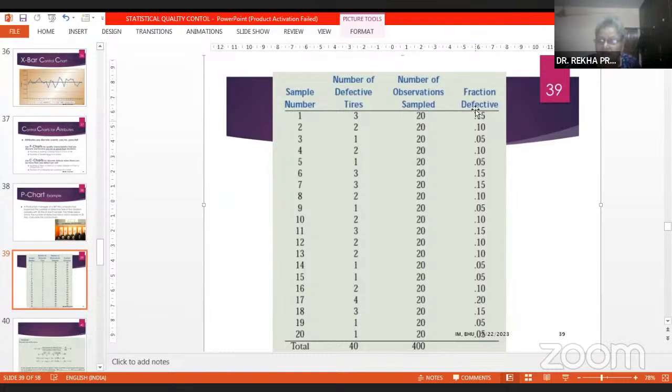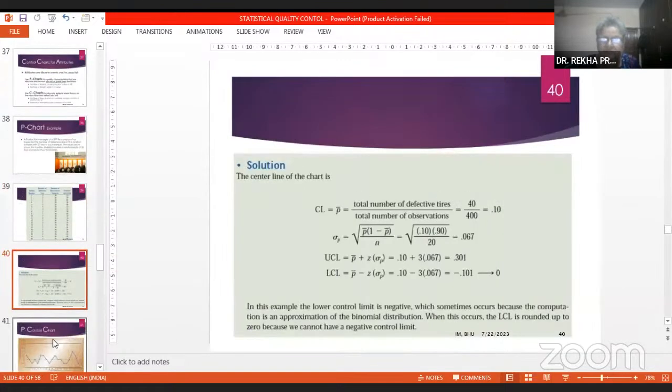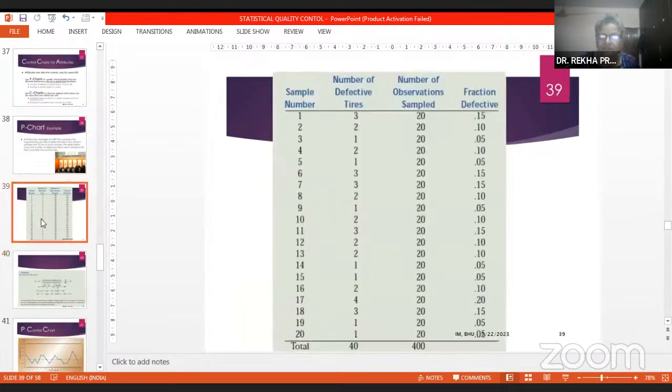We have fraction defective we have calculated over here. So you have over here total number of defective 40 है, total number of the observation 400 है, fraction defective for each sample you have calculated.